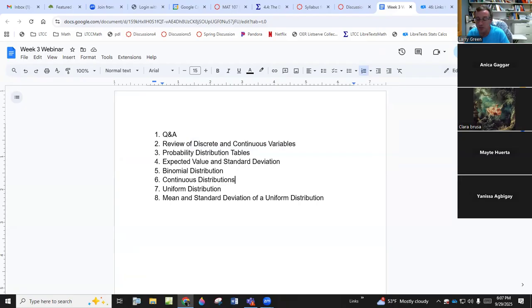Continuous means it's not discrete, so that means it's going to be like a full interval, including every fraction in between. Okay, and it could be all possible numbers. Whereas discrete, you can list the numbers, and that's the most important thing. You can put them down in a chart. With continuous, you can't list every possible number. There's too many of them. It's an infinite amount.